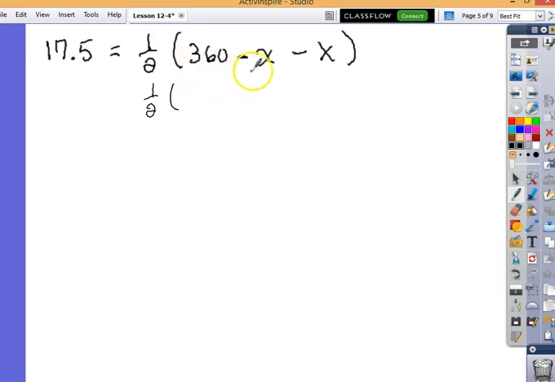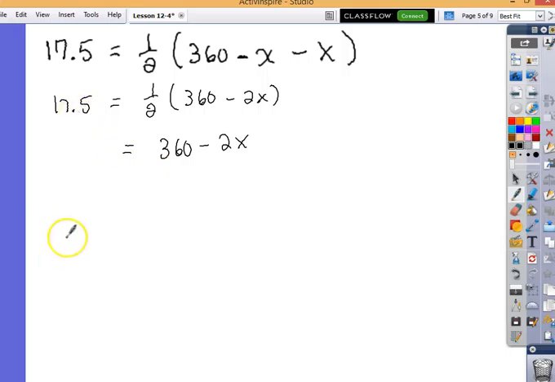So can I change minus x to something simpler? Minus 2x. And then how should I get rid of the 1/2? Multiply both sides by 2. So if I multiply the right side by 2, I get 360 minus 2x. If I multiply 17.5 by 2, I get 35.